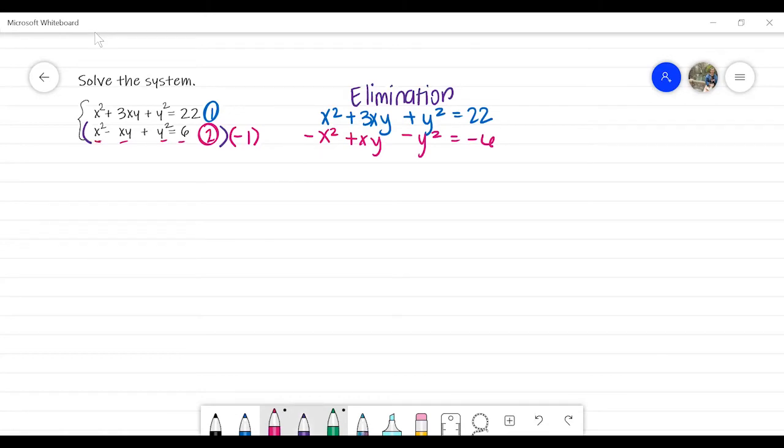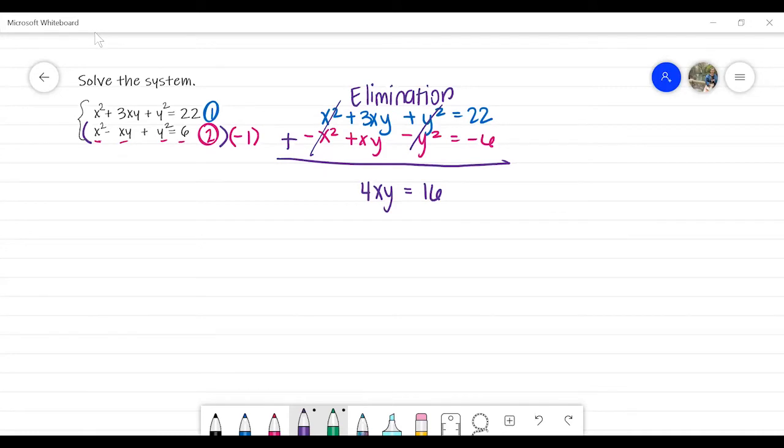So now when we add these two, we'll notice that the x squareds cancel and the y squareds cancel, and we've got 4xy is equal to 16. Now, from here, we have two options, and I would say that they're equivalent options. It doesn't matter which one you go with.